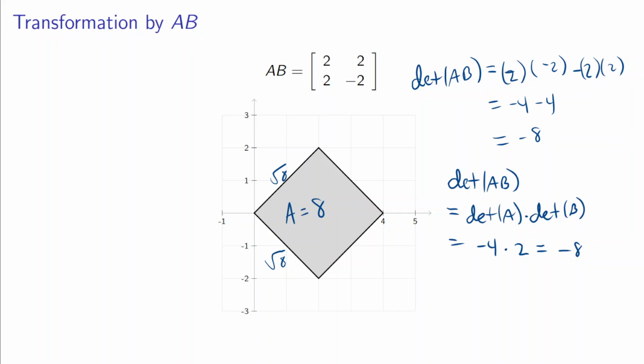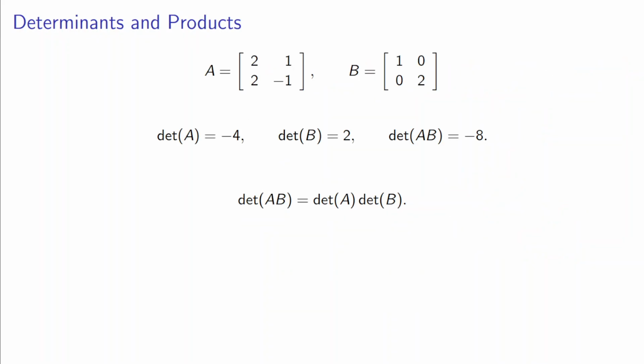So if we do both transformations in a row, we scale in total by their product. That's reiterated here. The determinant of AB is the determinant of A times the determinant of B. For this example it is true, and in general.